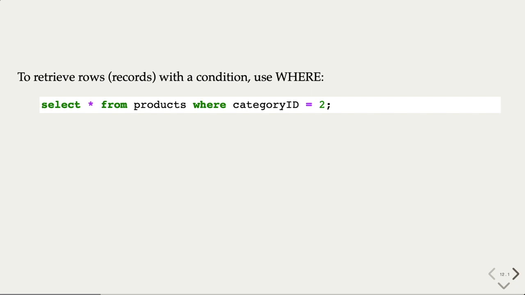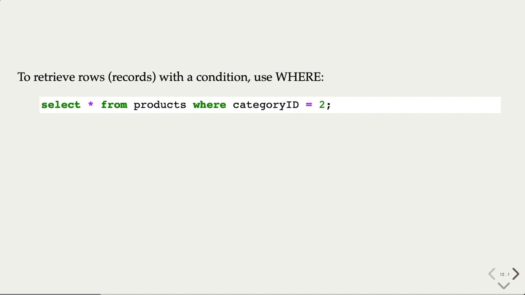Now, how can we only retrieve certain rows or records with a condition? We can use the where clause. Again, we can continue to use this select star from products to select all columns, but now we want to limit the rows we want to show.